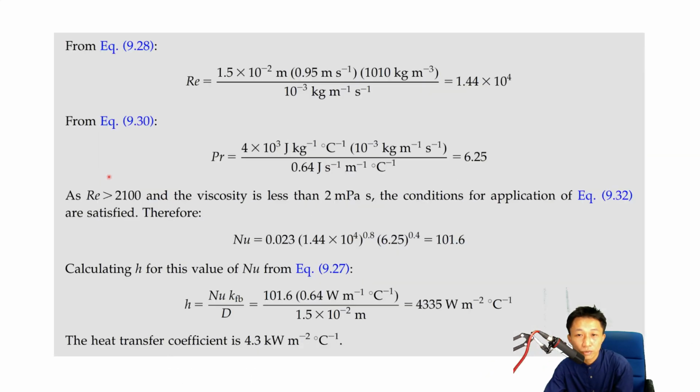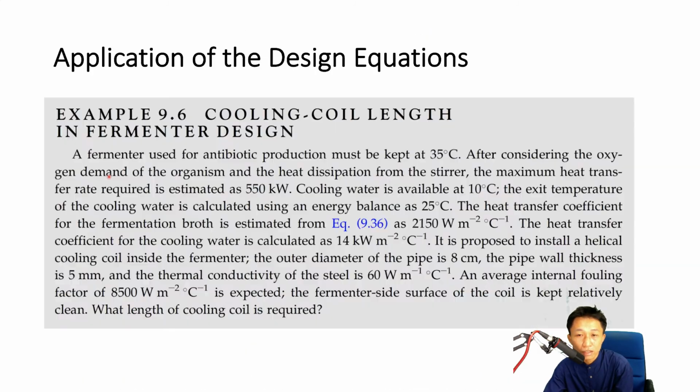In this case, we want to keep it constant at 35 degrees Celsius after considering the oxygen demand of the organism and the heat. Okay, the maximum heat transfer, this Q, is 550 kilowatt. The cooling water enters at 10 degrees Celsius, it's quite cold, and the exit temperature is 25, so from 10 to 25.